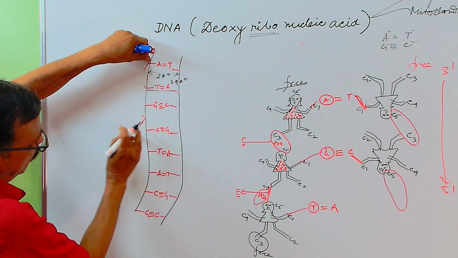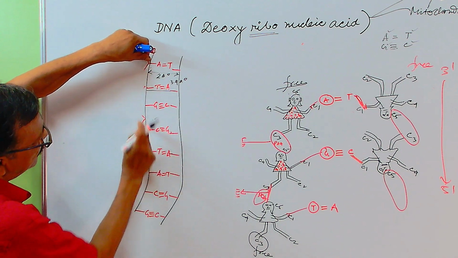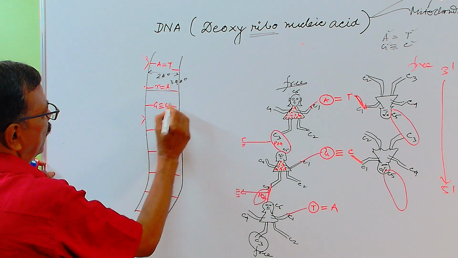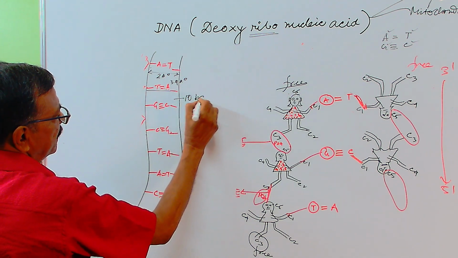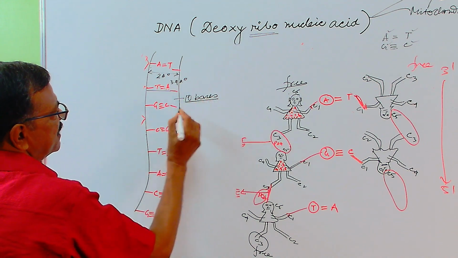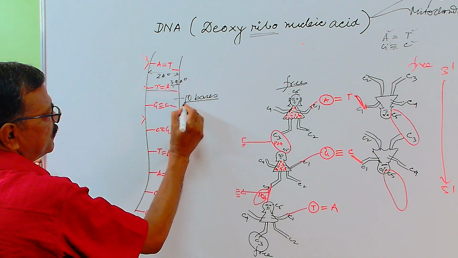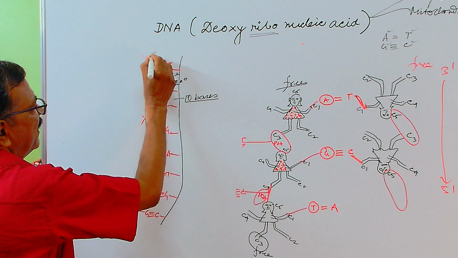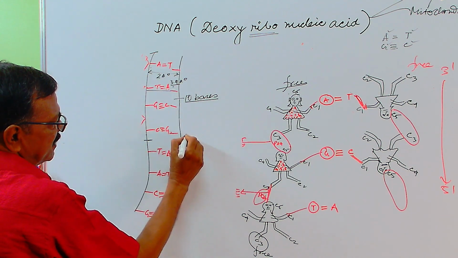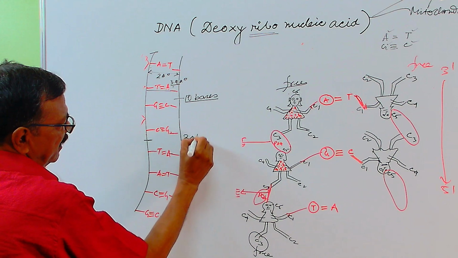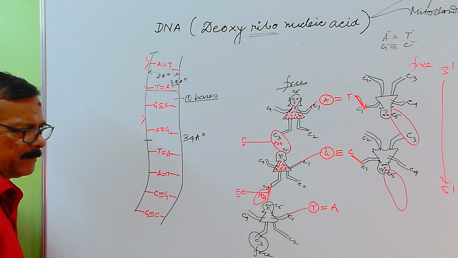So it takes a full turn. This full turn will hold 10 bases. 3.4 into 10 is equal to 34. And in a single turn, it is 34 angstrom unit.